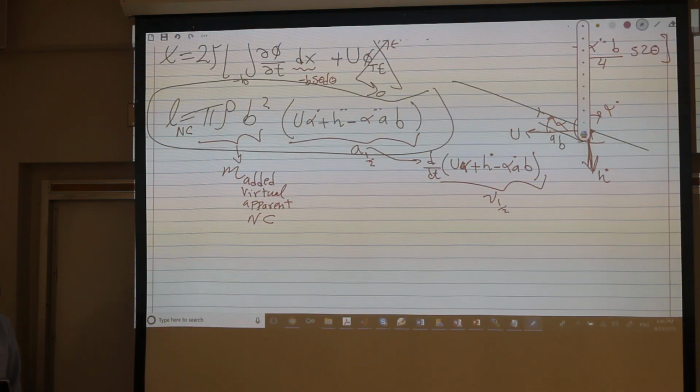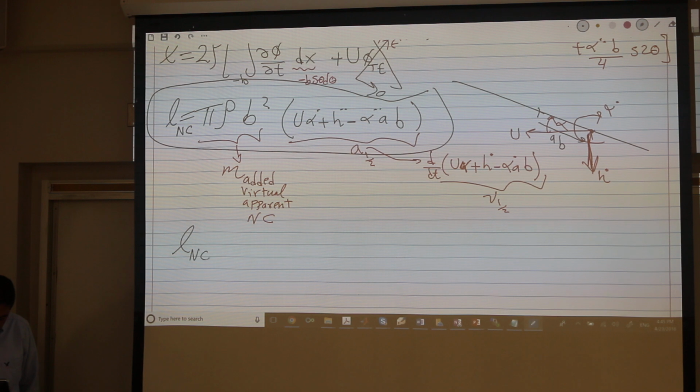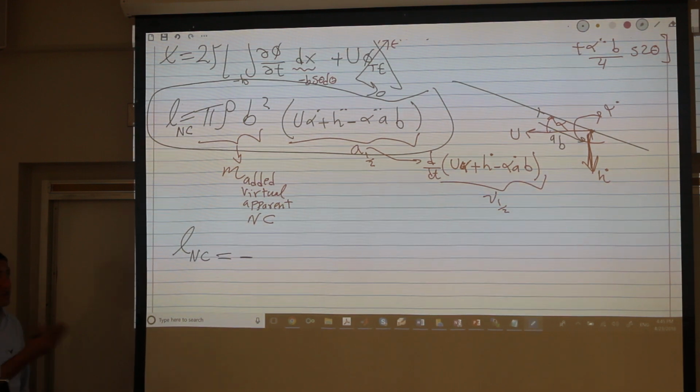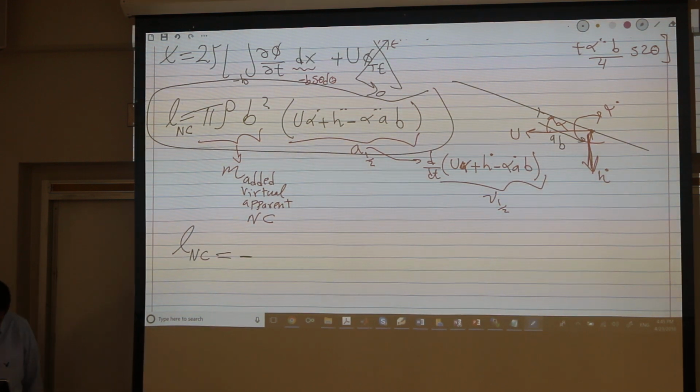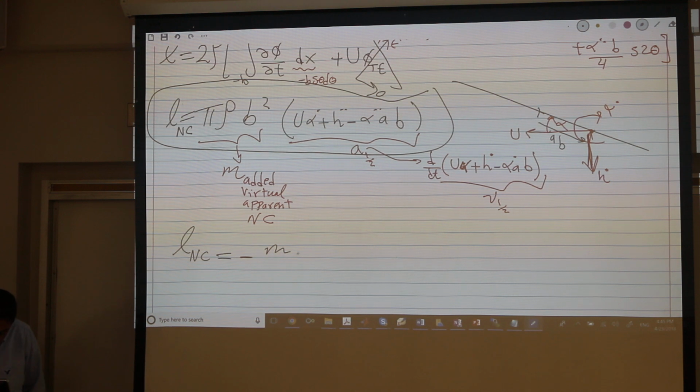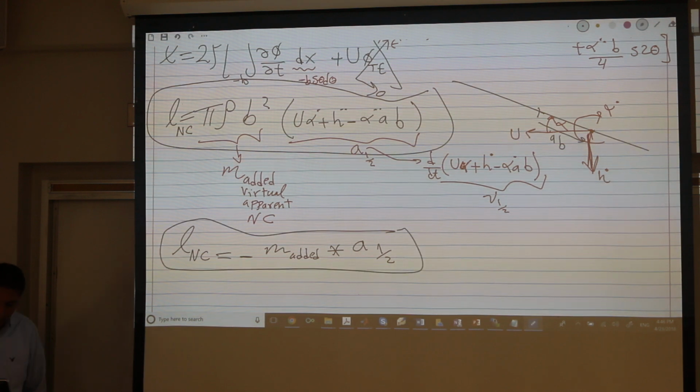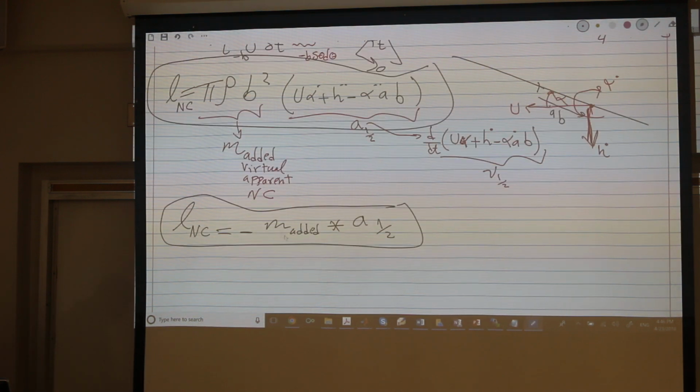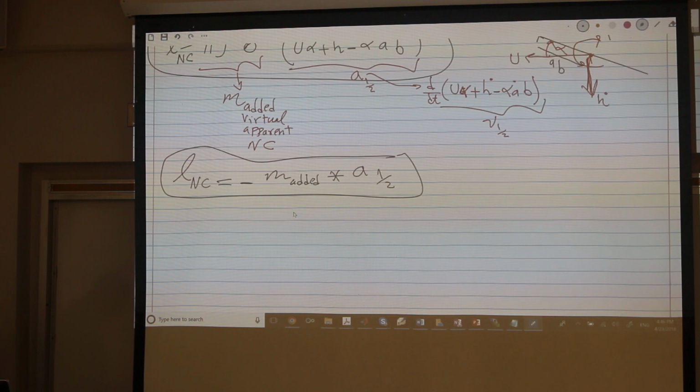So the non-circulatory lift can be written as negative the added mass times the acceleration at the half chord point. Let's think about it.